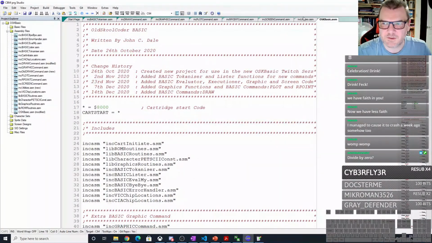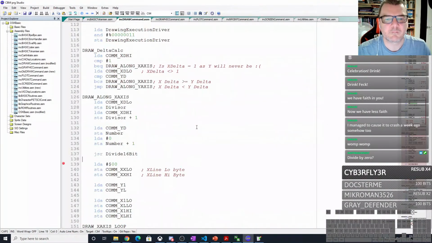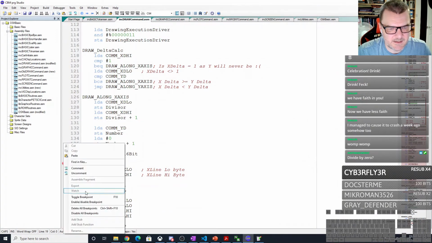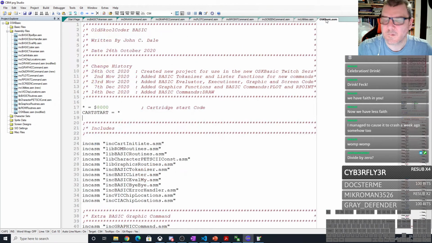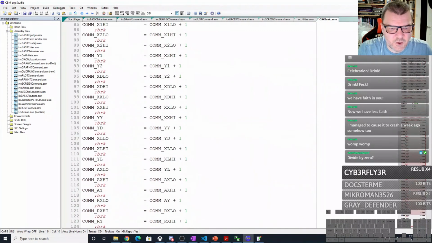Now, I know what's going on. What's happening is, and I made this stupid mistake in Neptune Lander as well. I remember it. We're adding a fraction to the low byte, when really we need another fraction.